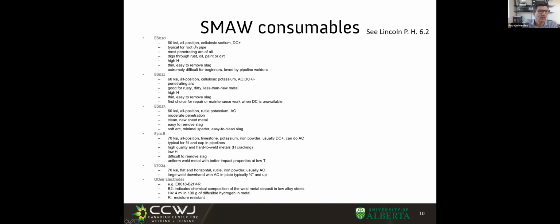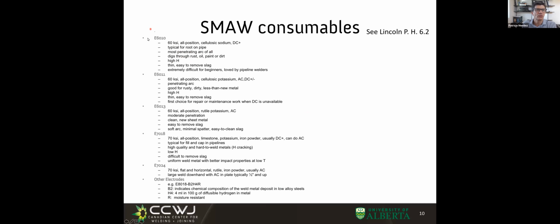And here we have some more for your notes about electrodes like 6010, all position cellulosic, DC+. When we discuss the arc physics, you're going to see that hydrogen, actually, I'm not going to get into details because it's part of our research now, but everything indicates that hydrogen concentrates the arc quite a bit. When the arc is concentrated, it has a lot of force, a very strong arc, and that gives us high penetration, the possibility of burning through rust, oil, paint, dirt, pretty much everything, right?